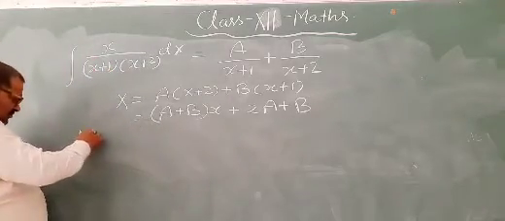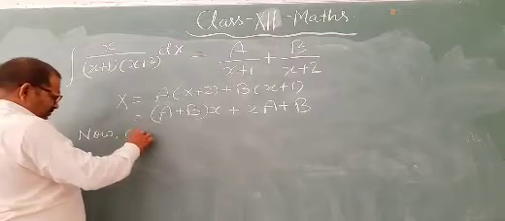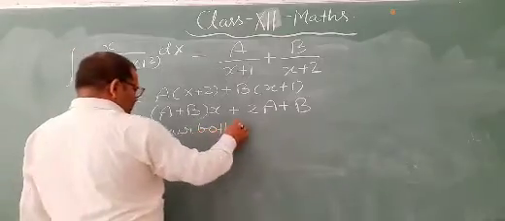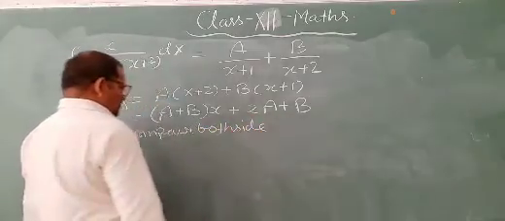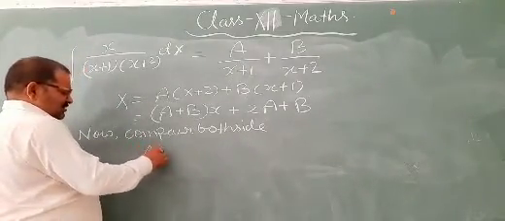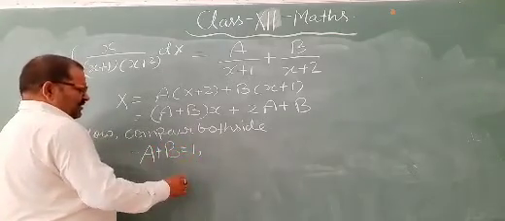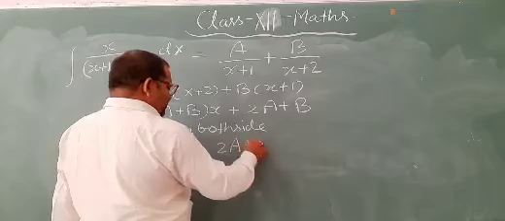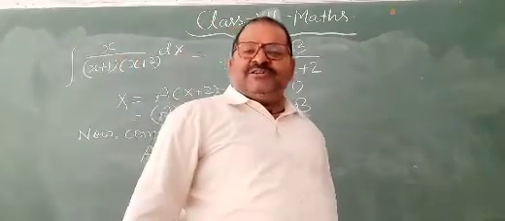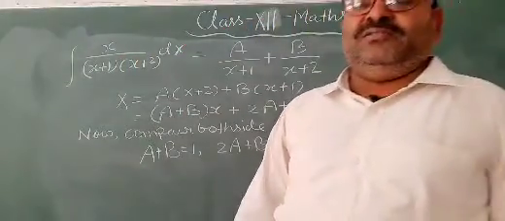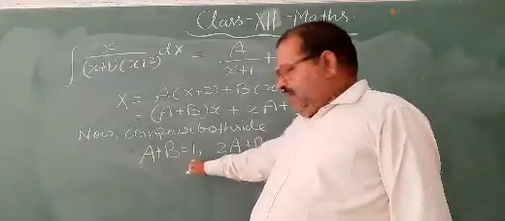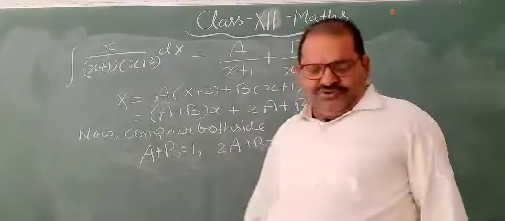Now compare both sides. So a plus b equal to 1 and 2a plus b equal to 0.